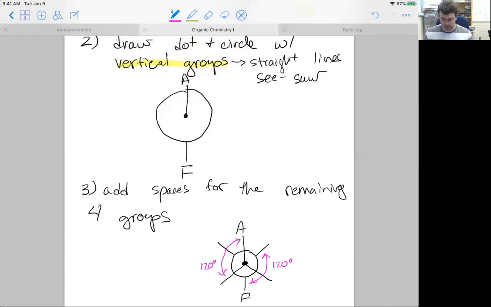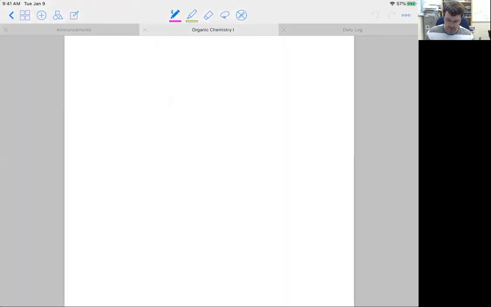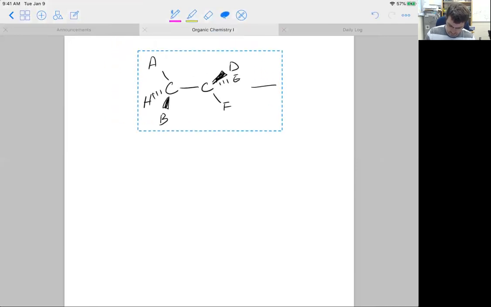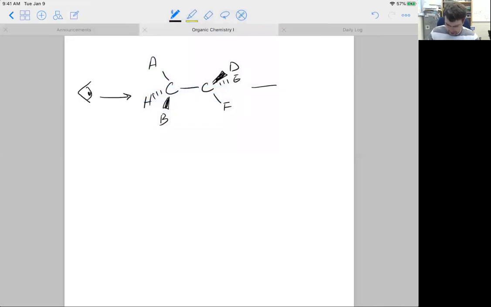Now this is a fill in the blank question, okay? What we're going to do now is, now that we have our molecule in front of us again, we need to fill in the blank. I believe that's step 4.